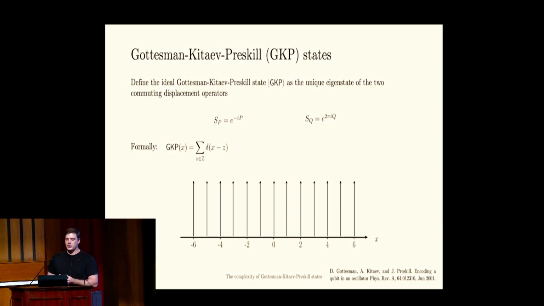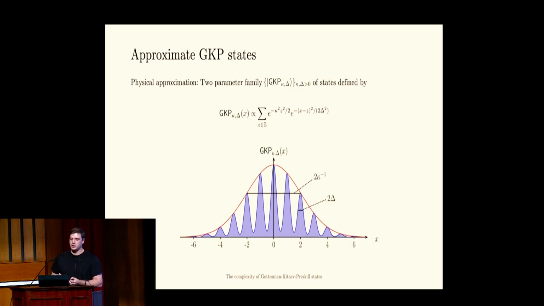Formally it can be written as a superposition of delta functions, but it's of course not a physical state because it's not normalizable. So an appropriate physical approximation is this two-parameter family of states, depending on the parameters kappa and delta, where kappa determines the width of the Gaussian envelope, and delta determines the width of the individual Gaussian peaks.